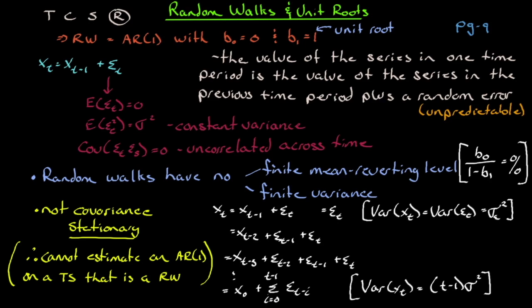So let me see if I can show you what I mean using two charts. Let's take a series that is mean reverting and has a finite variance. We know it kind of looks like this, right?